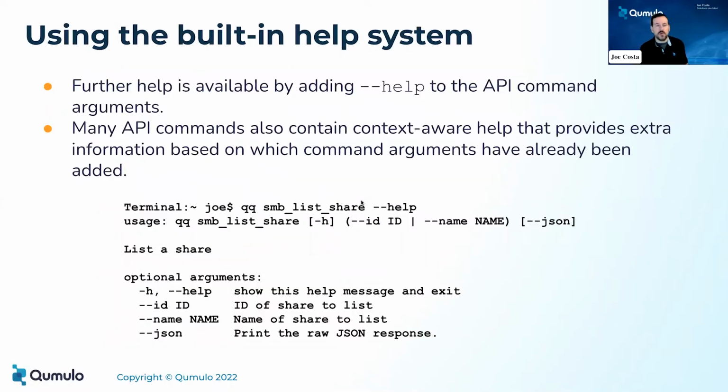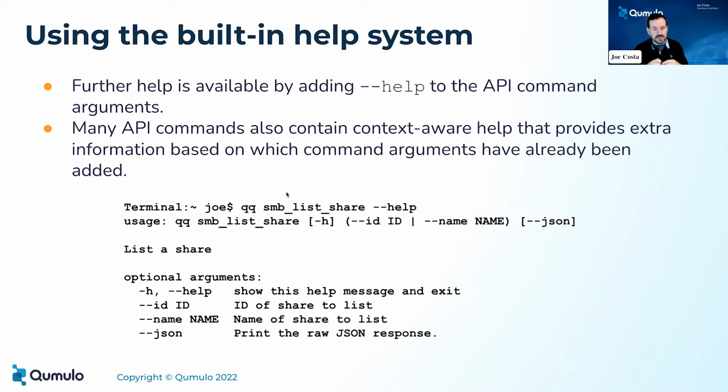Now, further help is available by adding --help to the API command arguments themselves. So I can get all the commands, but then I can get information about the API command by giving it --help. So this would be specific to SMB list shares and not necessarily QQ here.